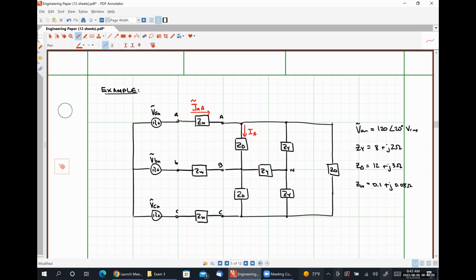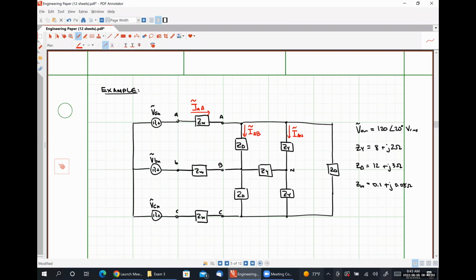This current, IAB, is representative of the phase currents in our delta connected load. And this current, IAN, is representative of our phase currents in our Y connected load.